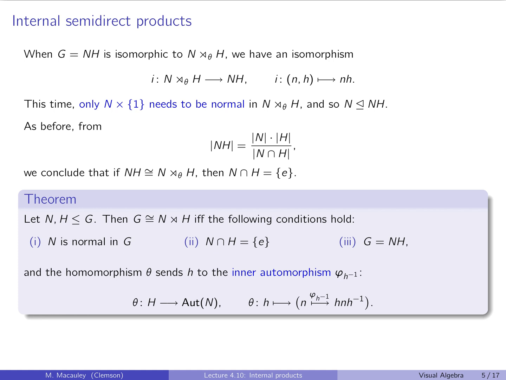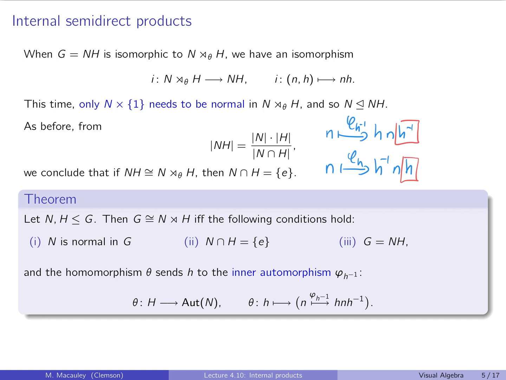Now, a quick reminder: I've been calling the inner automorphism that sends an element n to h n h inverse phi h inverse, and analogously, h inverse n h I've been calling phi h. In other words, whichever element is last is what I've been using for my naming convention.